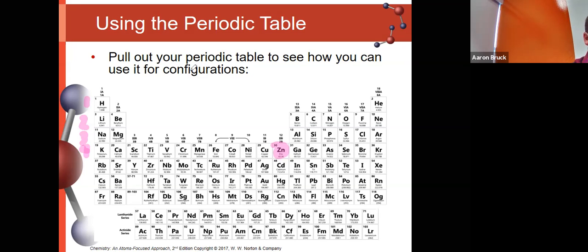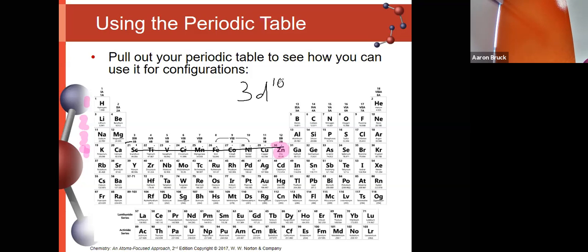Our next task is to identify which electron it is. We do that by counting. 1, 2, 3, 4, 5, 6, 7, 8, 9, 10. Zinc is the 10th element in that d block. So its last configuration is going to be 3d10. That's what it's going to end with. That gets us from here to here with regard to zinc.